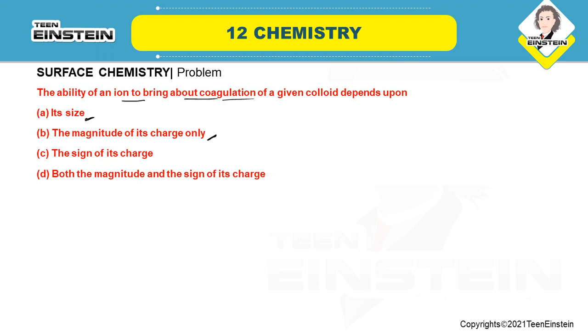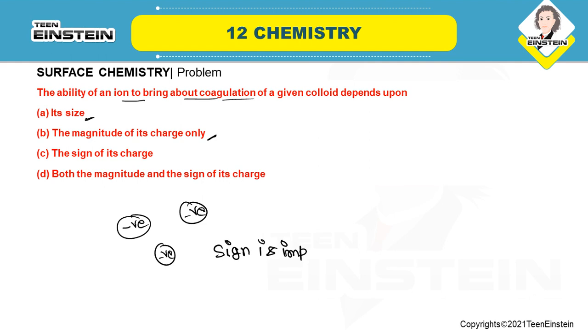Now the last example of blood clotting that we have seen, where the particles are negatively charged. So obviously if we want coagulation, we will add something which is positively charged, otherwise coagulation is not possible. That means sign is important, because you cannot arbitrarily use any electrolyte or coagulating agent, because first you have to know what is the charge of colloid.